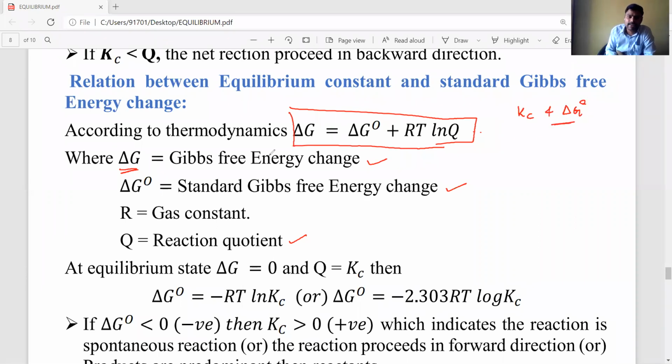Now I am applying the equilibrium state, because the equilibrium constant exists at the equilibrium state only.